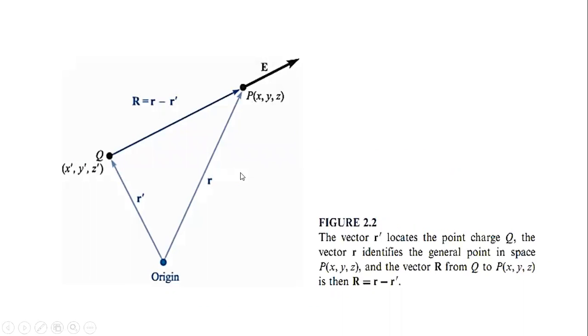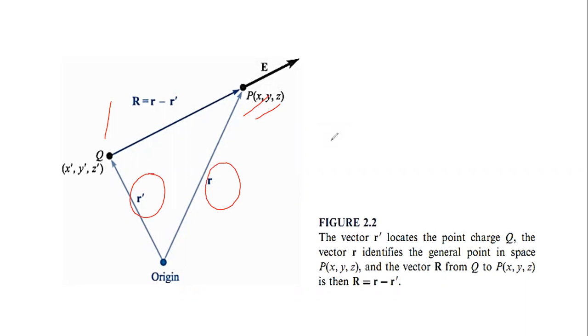It means that, let's suppose we have the source charge that is not placed at the origin. So the position vector of the source charge is r dash, and the position vector of the point at which the electric field intensity is desired is r.